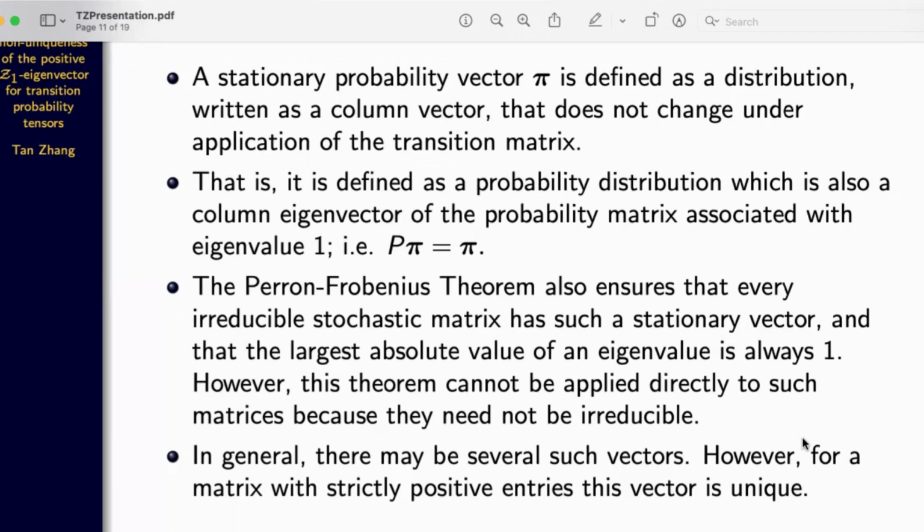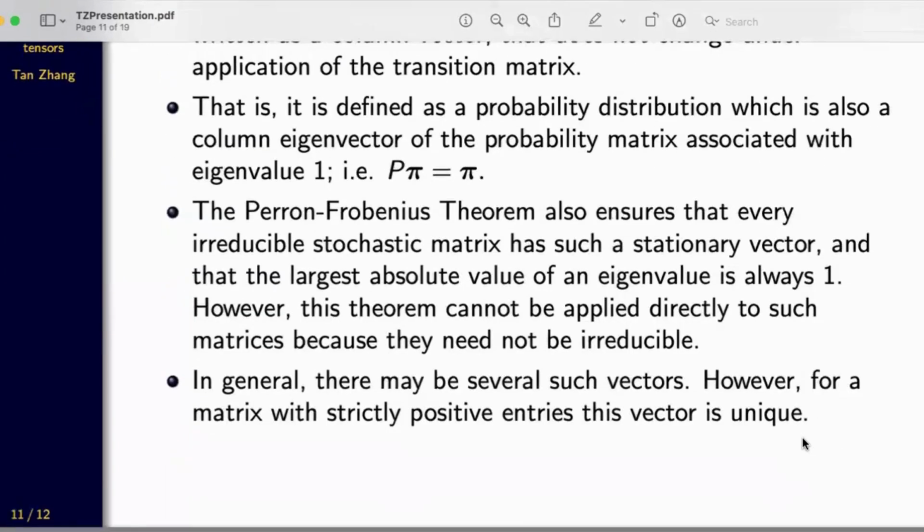However, this theorem cannot be applied directly to general matrices because they need not be irreducible. And in fact, many of them happen to take on several such eigenvectors. However, for a matrix with strictly positive entries, this vector is unique.